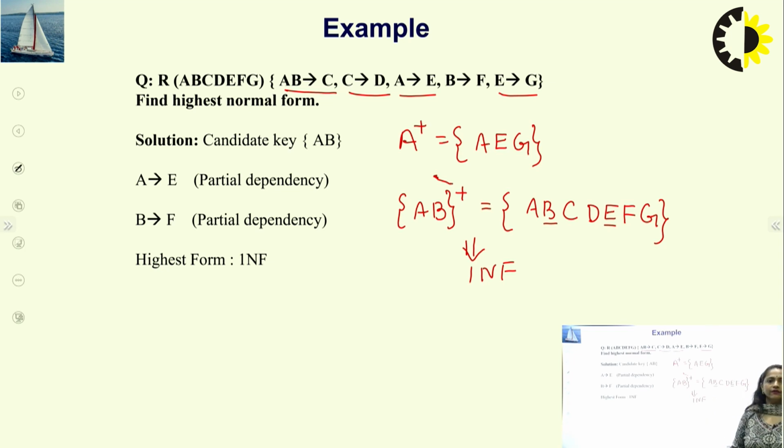Now we need to check for the second normal form, then third normal form, and so on. So let's try.